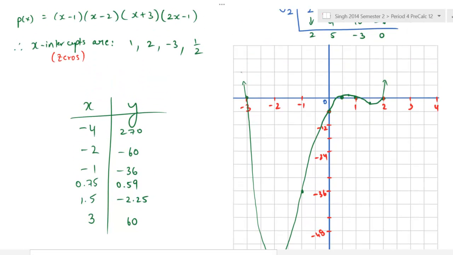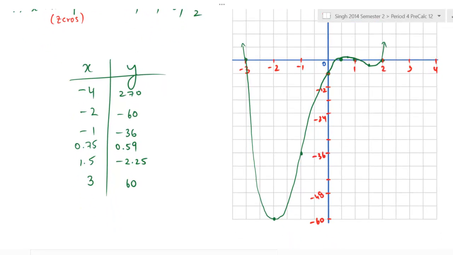And that's going to be the graph that I end up with. Okay, that looks like a W. It's got a big valley and a tiny hill at the top, another small hill, another small valley at the top over there as well. I know the general shape looks okay, the end behavior makes sense, and I've got a W-looking shape, so that's the graph that I do end up with.